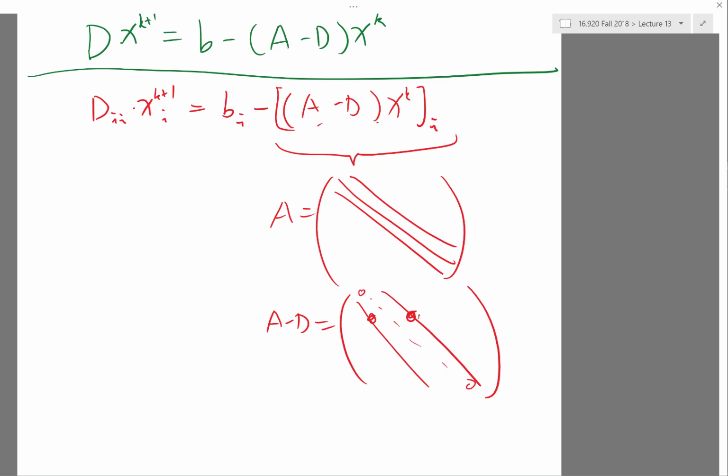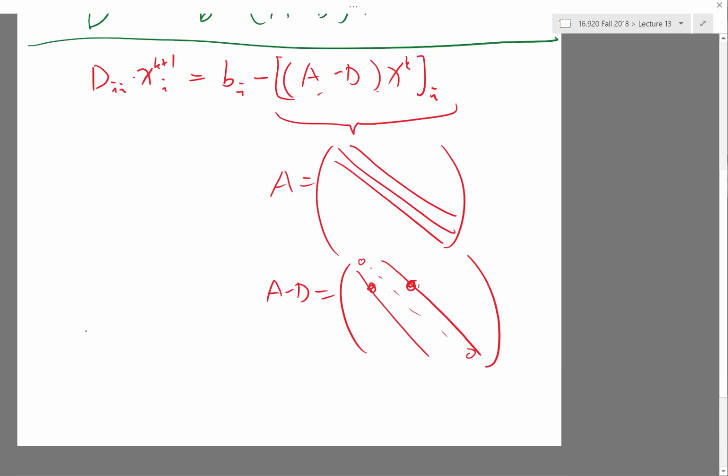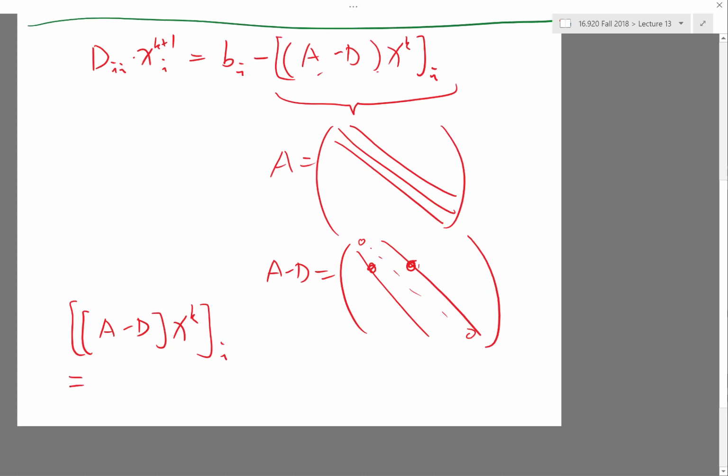So if you write it down, (A minus D) times x^k at grid point i is nothing but A_(i,i-1) times x_(i-1)^k plus A_(i,i+1) times x_(i+1)^k. It's a weighted average of the solution at the previous iteration over the 2 neighboring grid points.